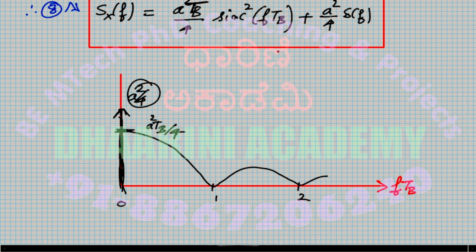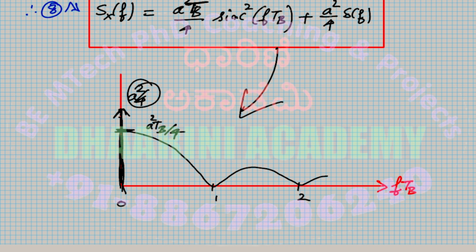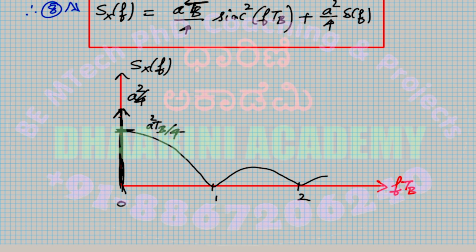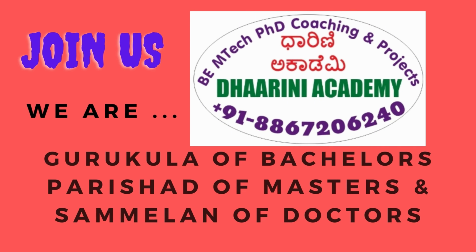I am simply converting this equation into the graph. I hope this is clear. So this itself is Sx of f for the non-return to zero unipolar form. That's how we do the calculation.